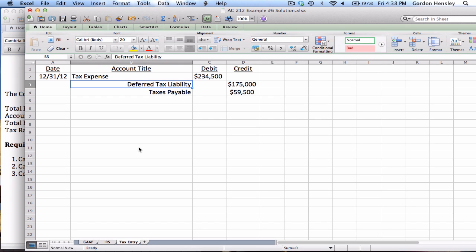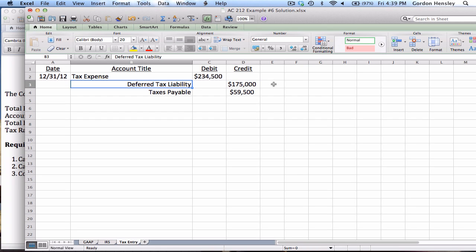Now, how do I know to use that title, deferred tax liability? Well, think about it. I really should be paying $234,500. I'm actually only paying to the IRS $59,500. That's because of those accounts receivable. So I'm deferring the liability $175,000 to a later date.